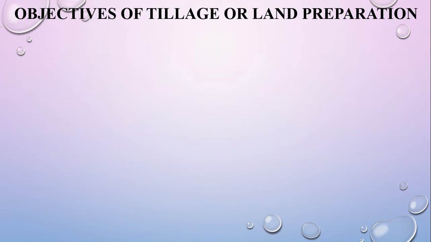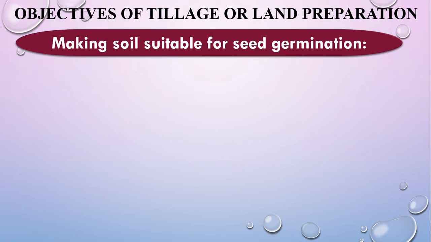Next is the objectives of tillage or land preparation. So what will be the objectives? The first objective is making the soil suitable for seed germination. If you do not cultivate or till the land properly, no seed will germinate, whatever the crop is.